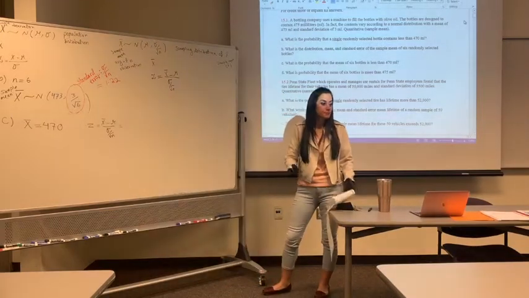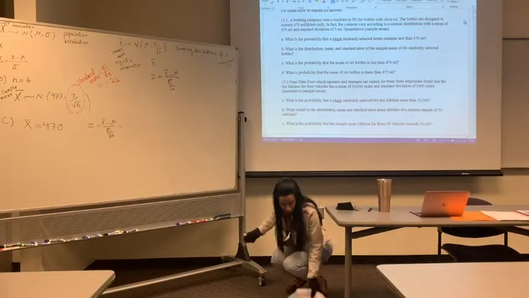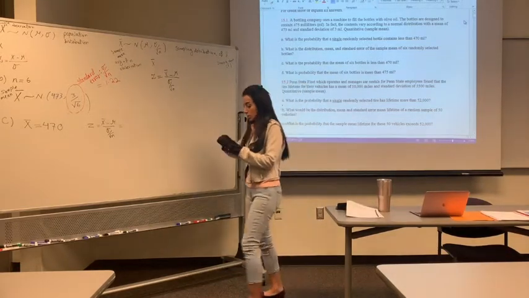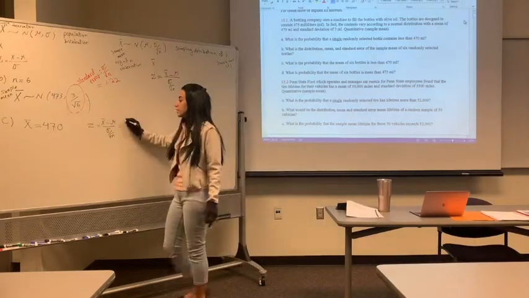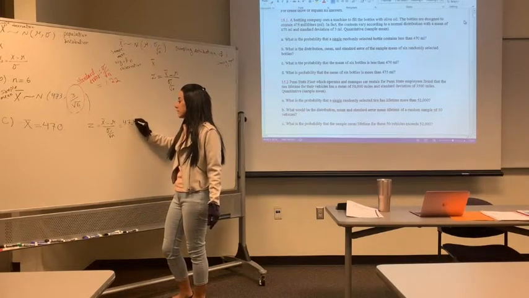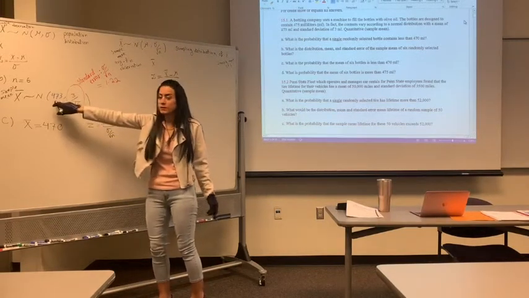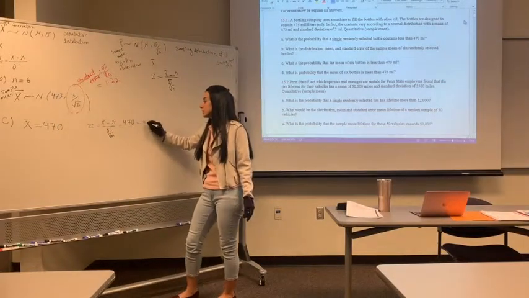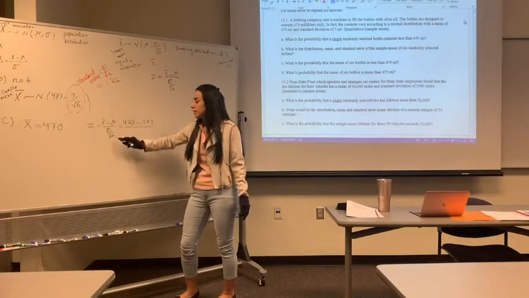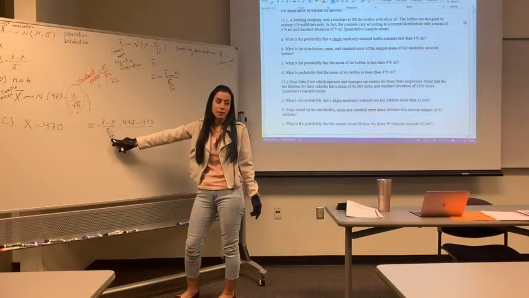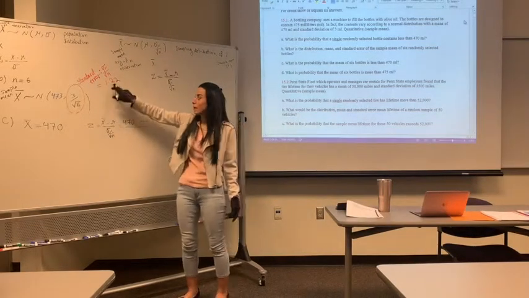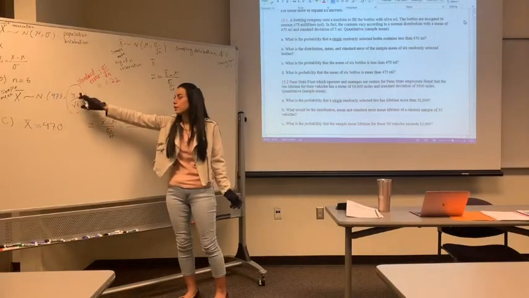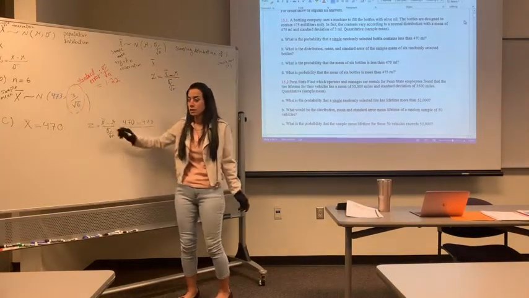Correct? Do you have any questions? Okay. So xbar is 470. The mean of xbar is 473, correct? The standard error of xbar, now we know that, is 1.22, or you could just write down 3 over square root of 6.